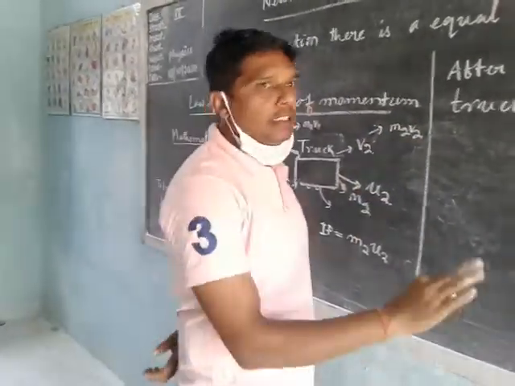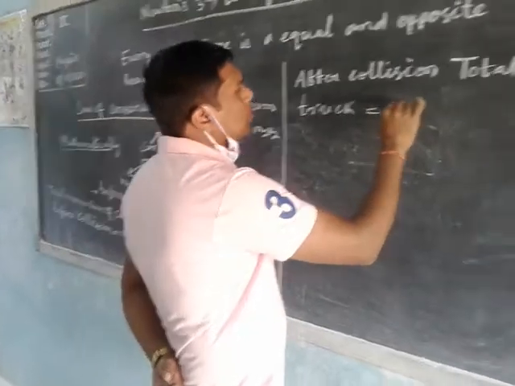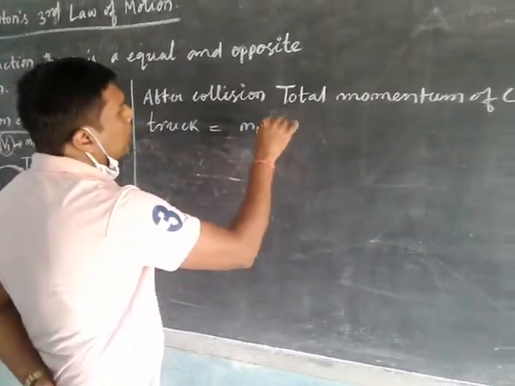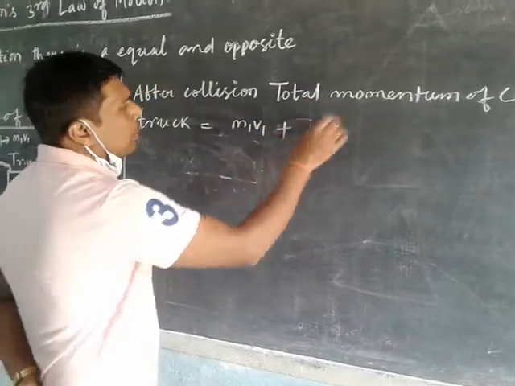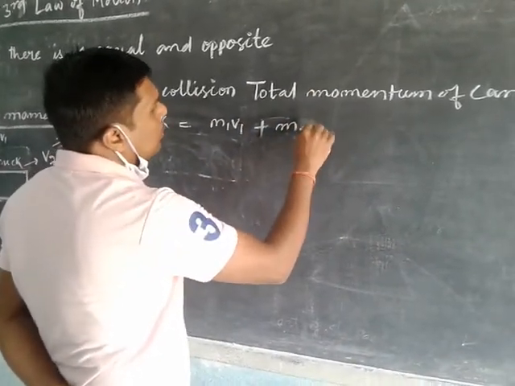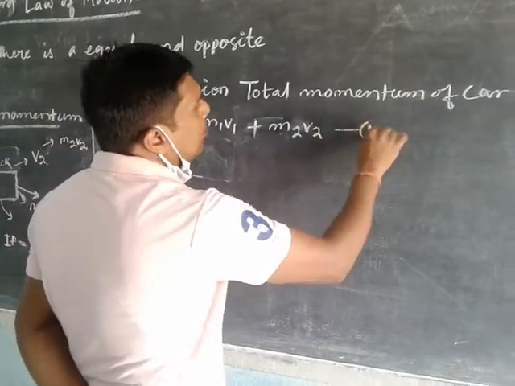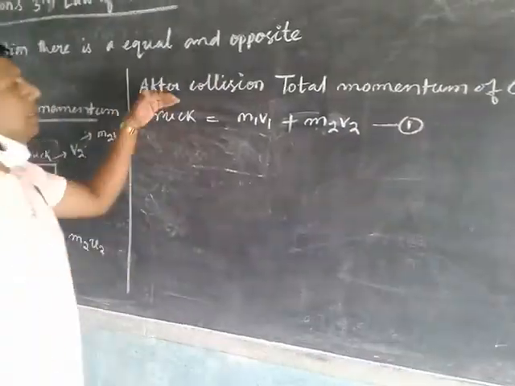The total momentum is m1 v1 plus m2 v2. This is after collision.